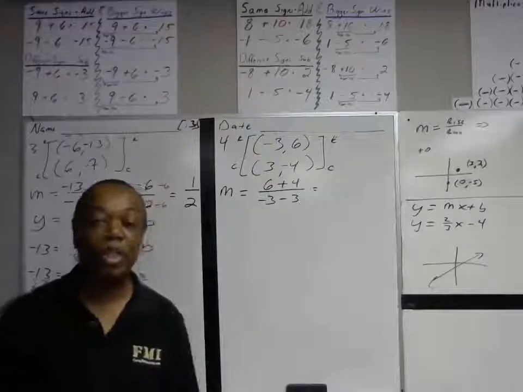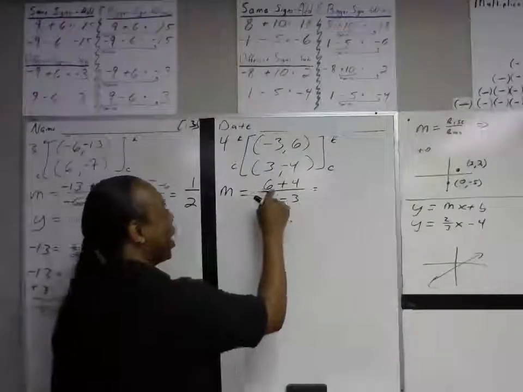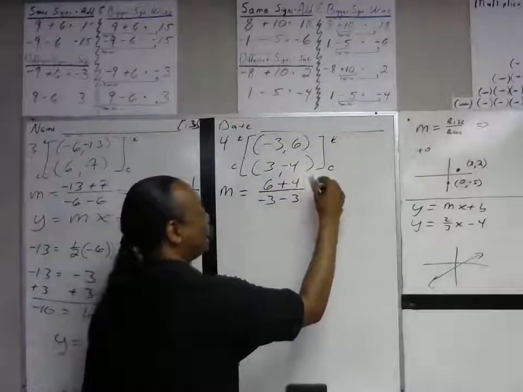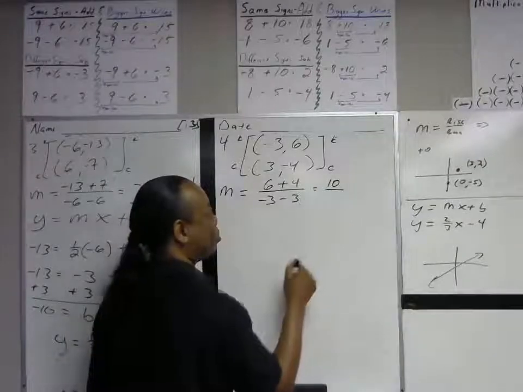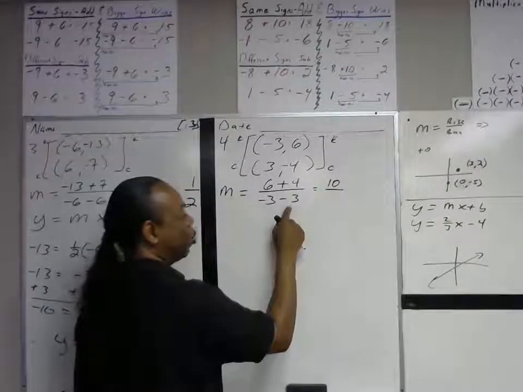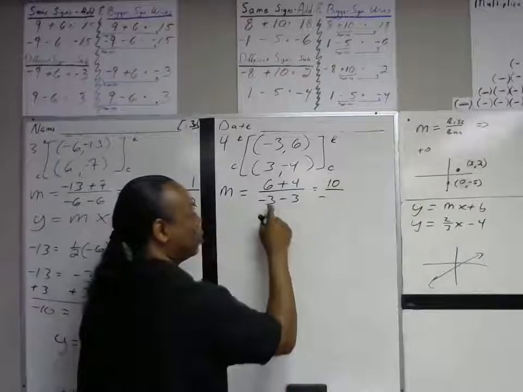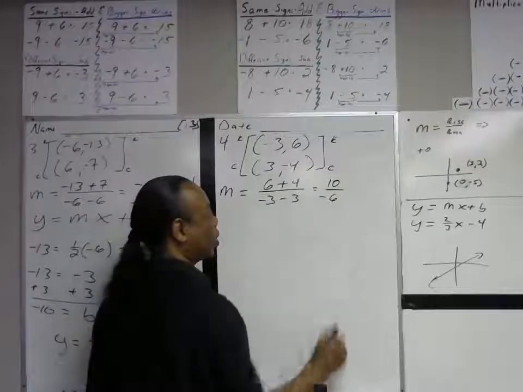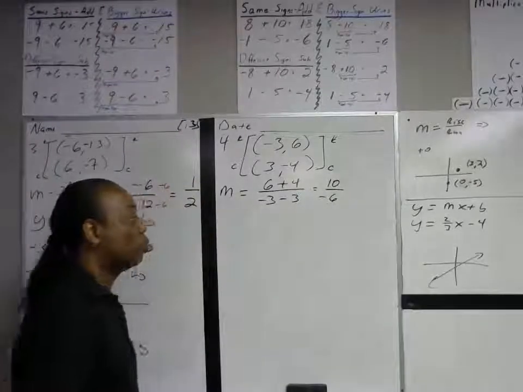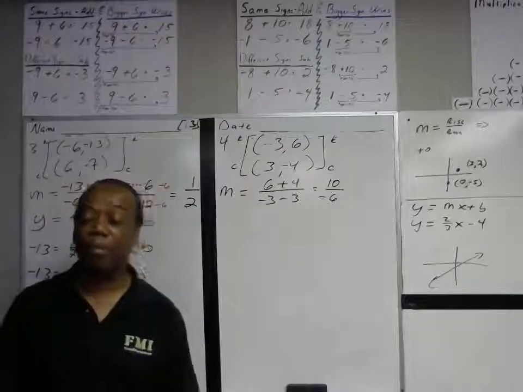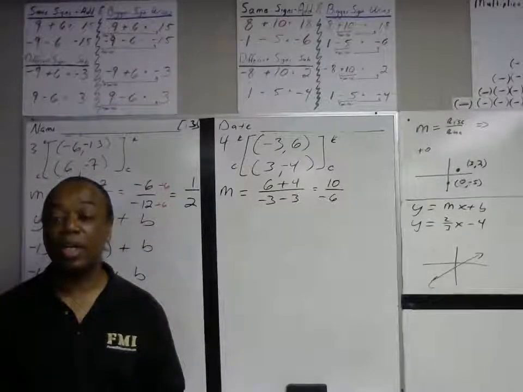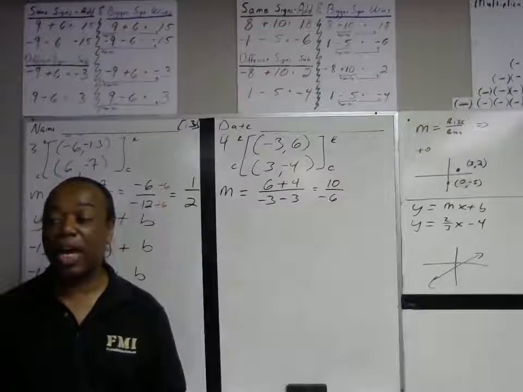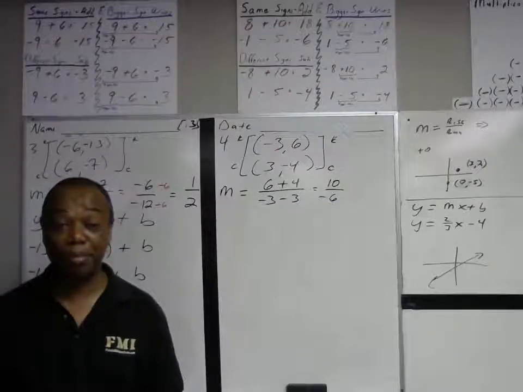Okay. Bigger sign is positive and same signs add, so we get a +10. The bigger sign wins, so this will be negative. Same signs add, you get 6. Class, this needs to be simplified.